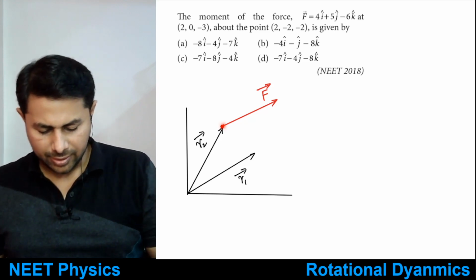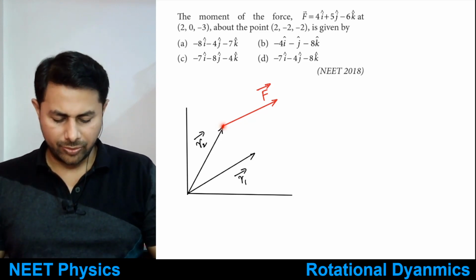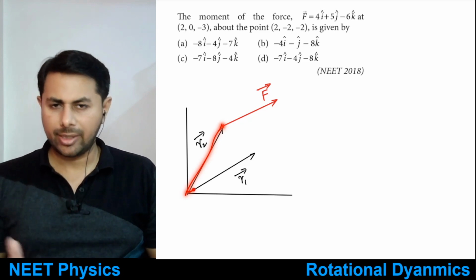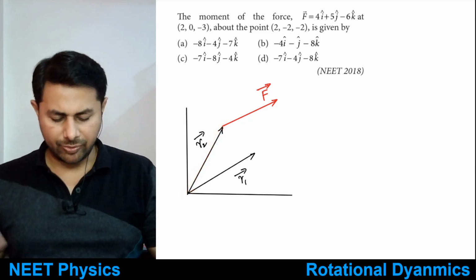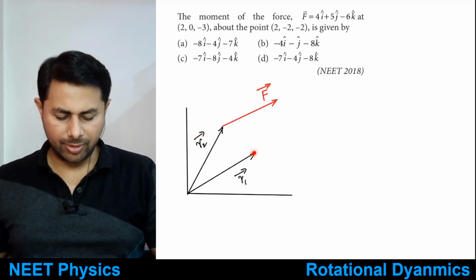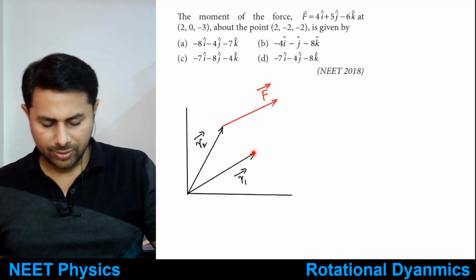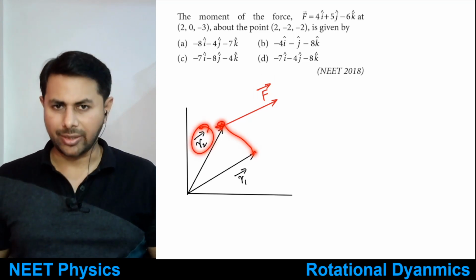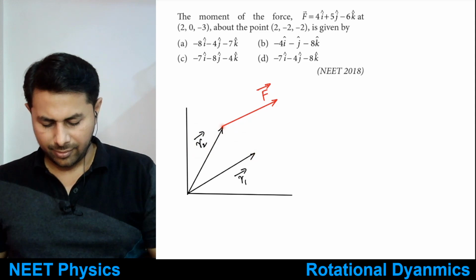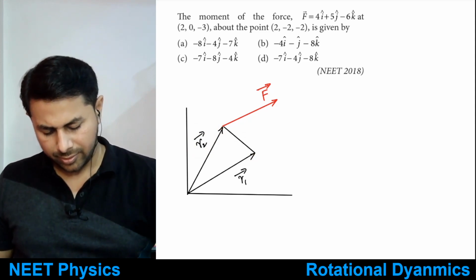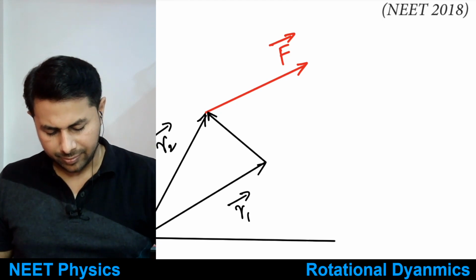It acts at this point, but you don't want moment about the origin. If you wanted moment about origin, then you could just take R2 bar cross F bar. But now you want moment about this point. That means you need to take position vector of this point from this point, right? Okay. What are these points?